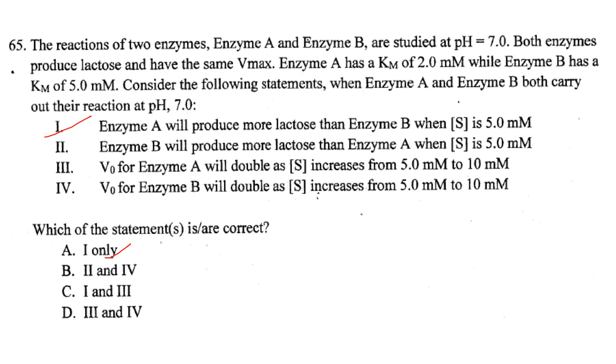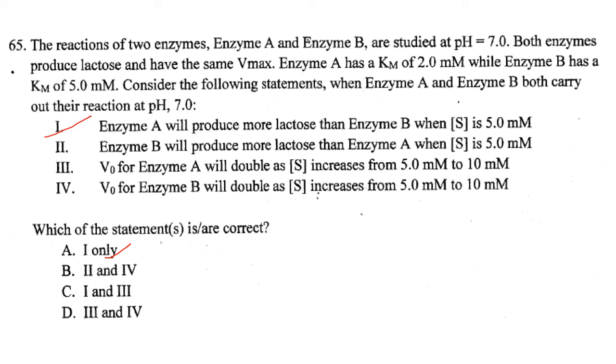Then the reactions of two enzymes, enzyme A and enzyme B, are studied at pH 7. Both enzymes produce lactose and have the same Vmax. Enzyme A has a Km of 2 millimolar while enzyme B has a Km of 5 millimolar. Consider the following statements when enzymes A and B both carry out their reaction at pH 7. So Km is inversely proportional to the affinity of the enzyme for its substrate.